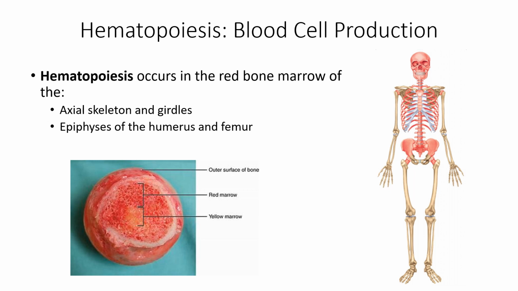Where does this erythropoiesis occur? Hematopoiesis, what's the difference between hematopoiesis and erythropoiesis? Hematopoiesis meaning blood development, white and red blood cells. I think I made an error before.